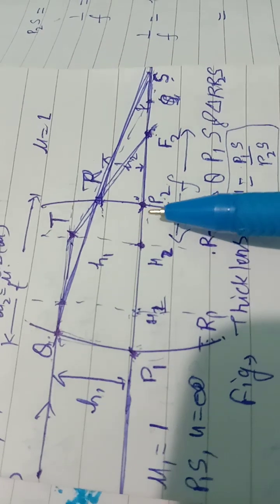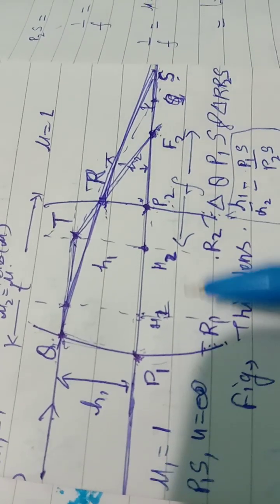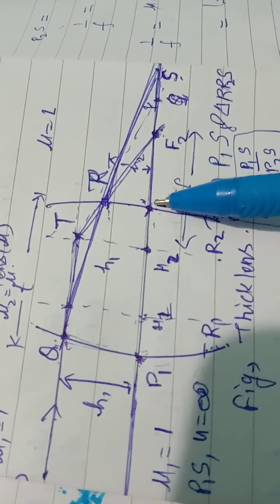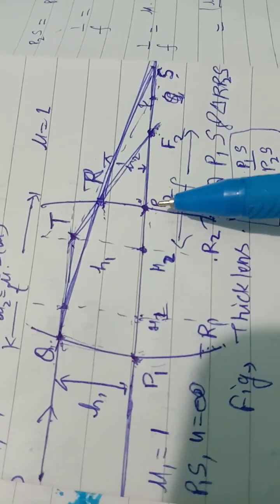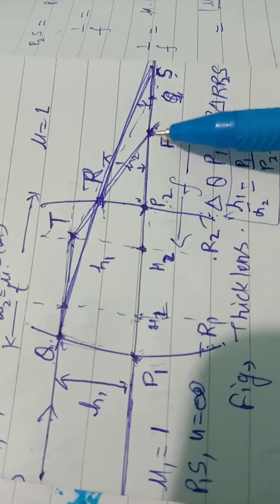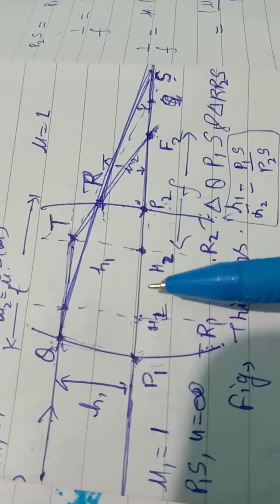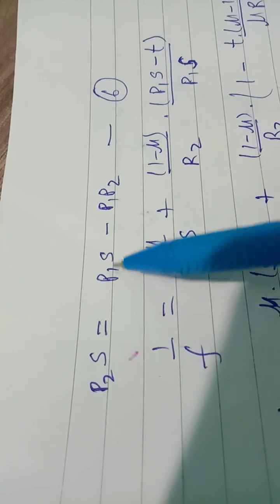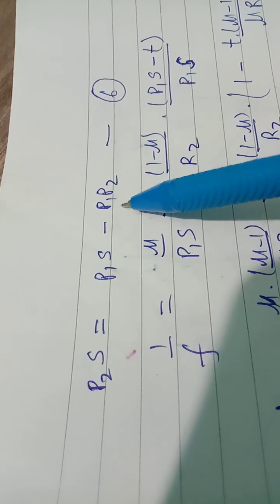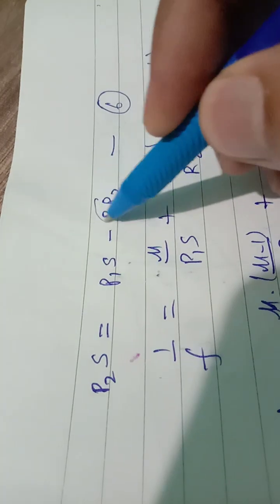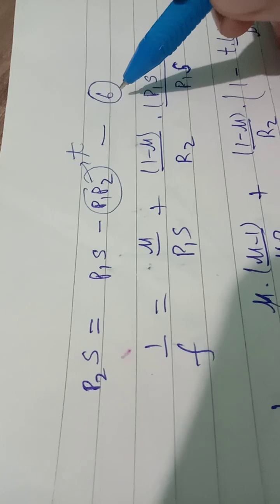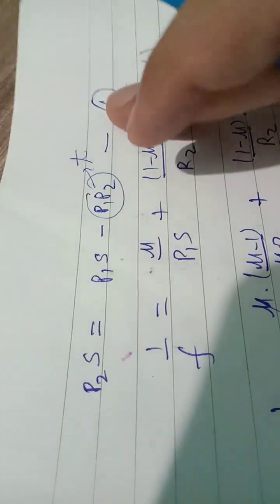If you see our figure, P1, P2 and S, what happened? P1P2 is equal to T. Then I can write P1S equals T plus P2S, and P2S is equal to P1S minus P1P2, and P1P2 is nothing but the thickness of the lens, and I am taking this as equation 6.